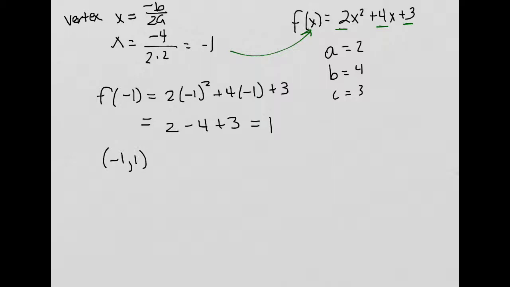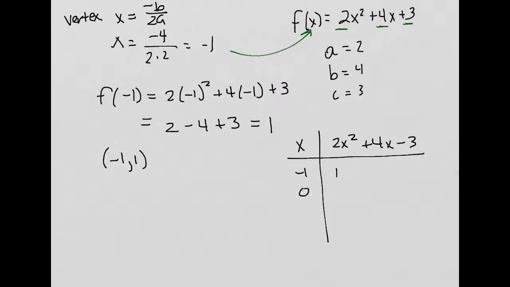Okay. Now I'm going to go ahead and use a chart to graph this. I have my x, and I have my 2x squared plus 4x minus 3. My vertex is at negative 1, 1, so I already know that.